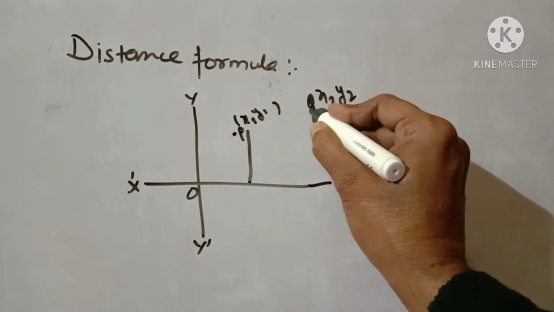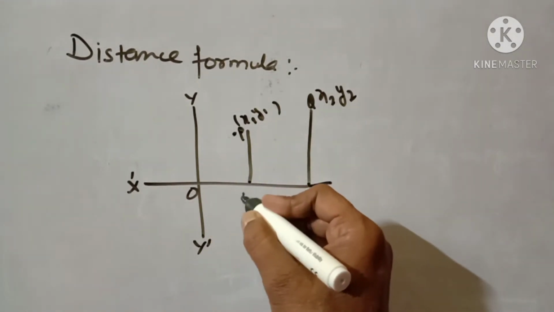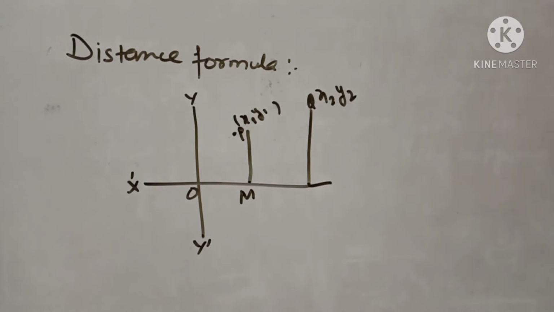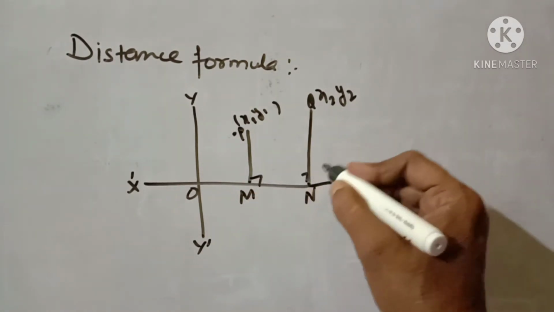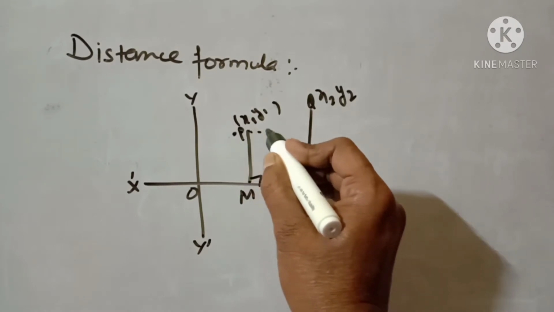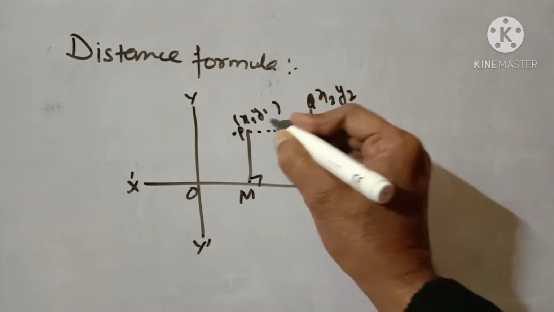This is O, the origin, this is PM, and this is QN. 90 degrees because perpendicular. Now join this one. Let it be R only, and join this part.